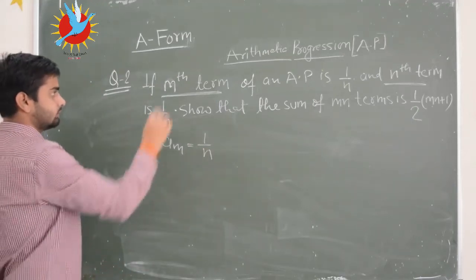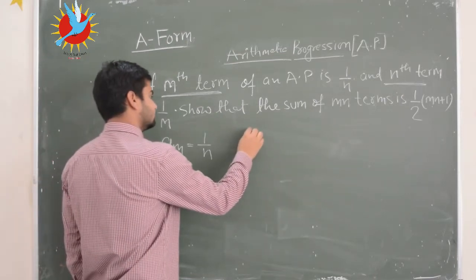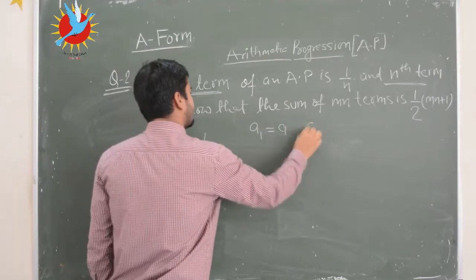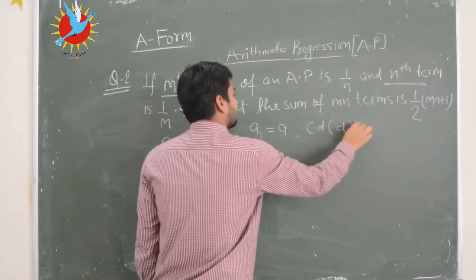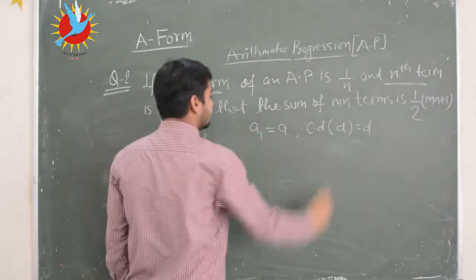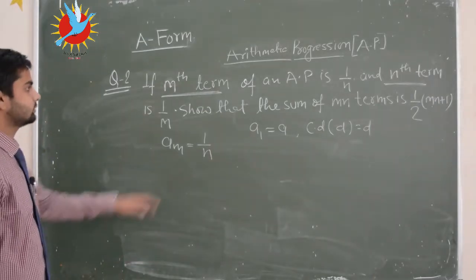Suppose this AP has first term a1 equal to a and common difference equal to d. So we have common difference d, first term a, and the mth term is 1 by n.